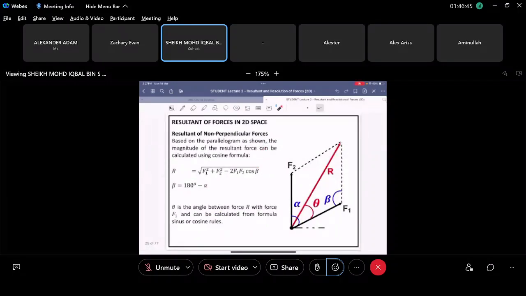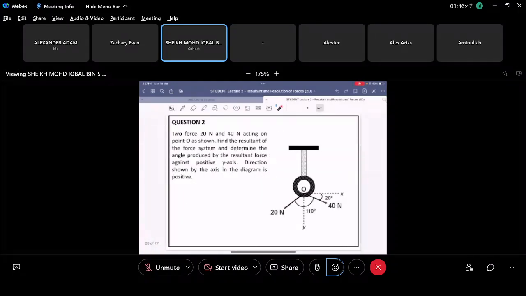I think it's easier for me to show you. I'm just going to do two questions, and the other two questions you try to do at home, all right? So this is an example of finding resultant forces for non-concurrent forces, which is not 90 degrees, right?